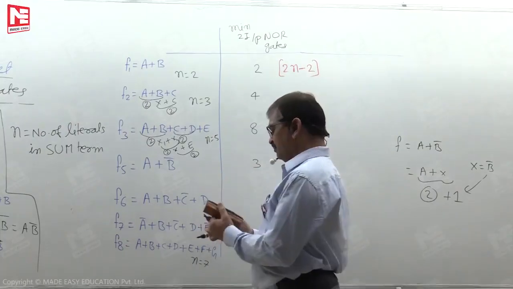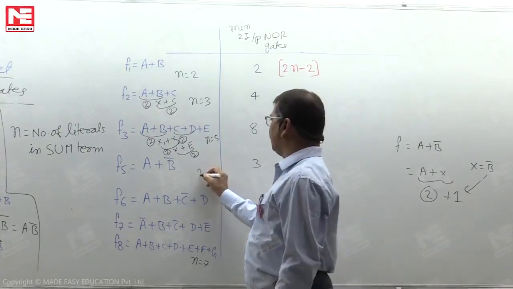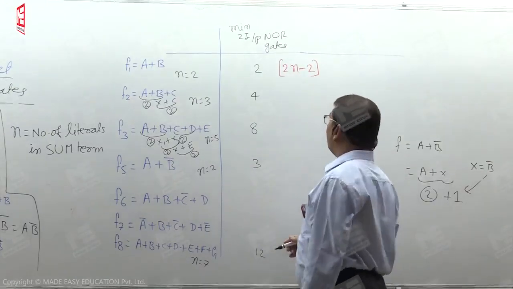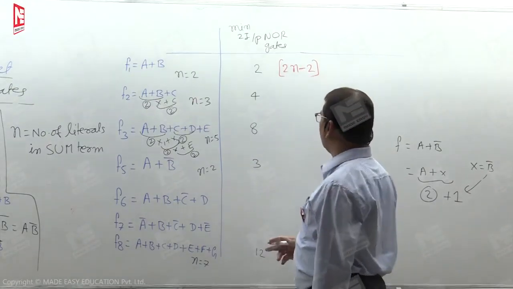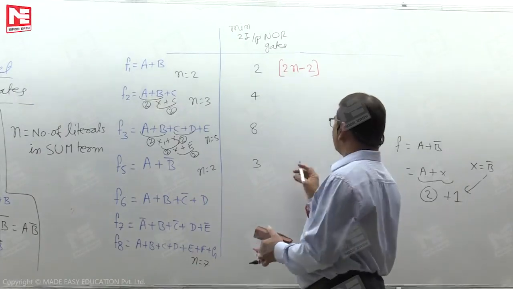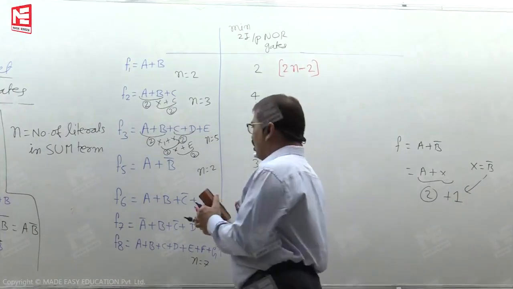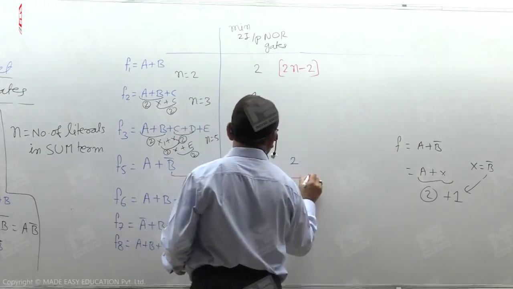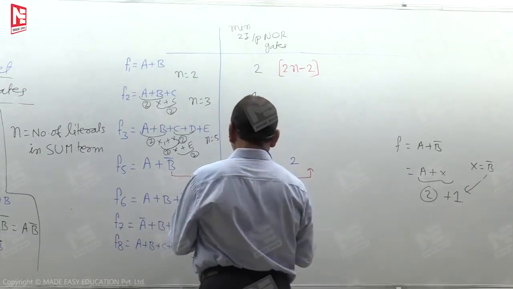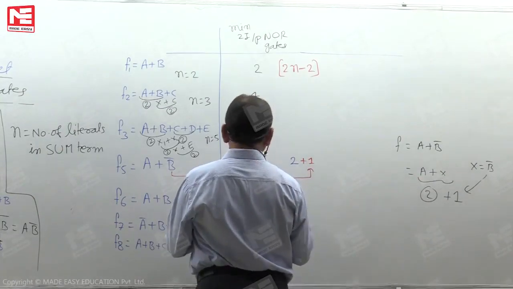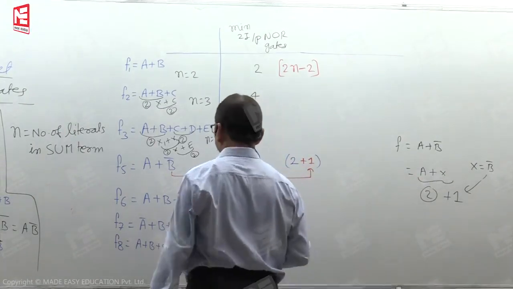If you look here, n is 2. So 2n minus 2, 2 into 2, 4 minus 2, 2. And because of this complement operation, we have plus 1. So the answer is 3.